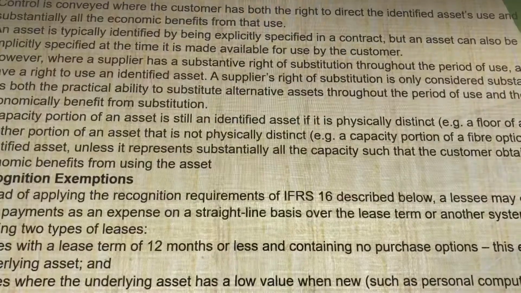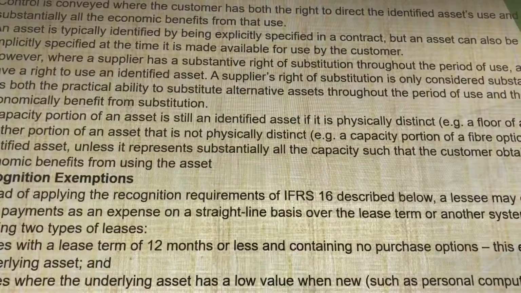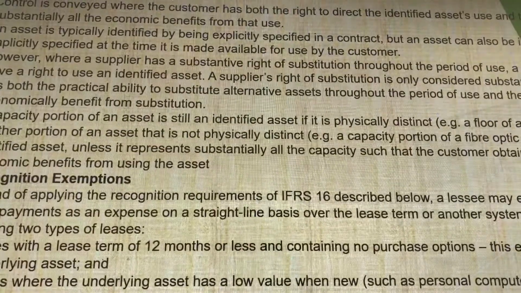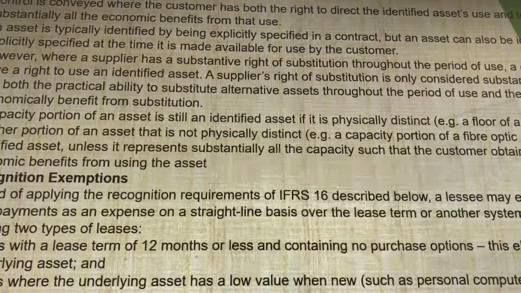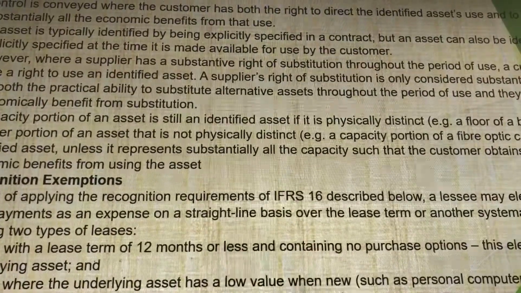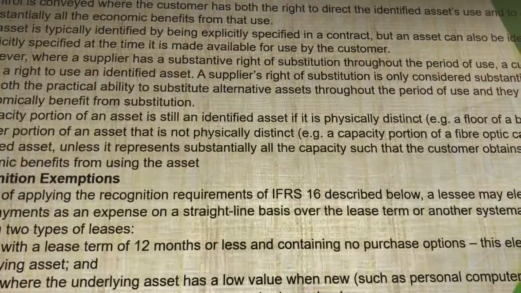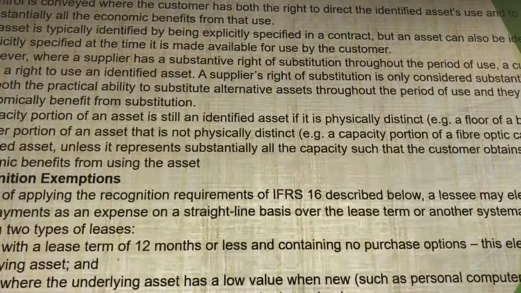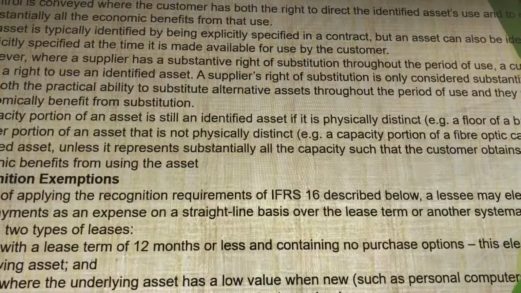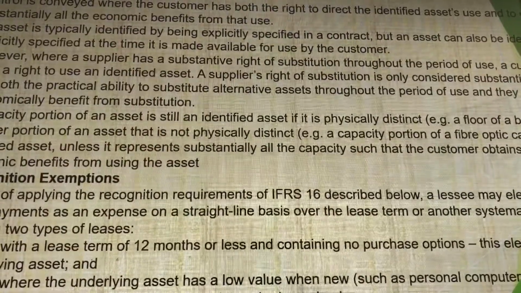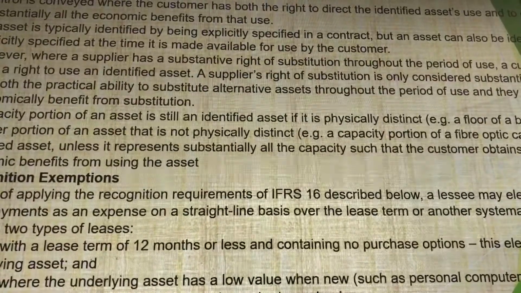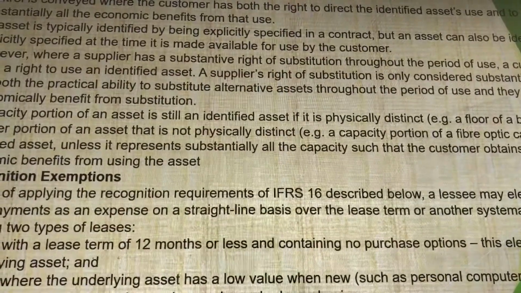Today we are studying IFRS 16, Leases. Lease identification. A contract is or contains a lease if it conveys the right to control the use of an asset for a period of time. Control is conveyed where the customer has the right to use that asset and to obtain economic benefit from that asset.